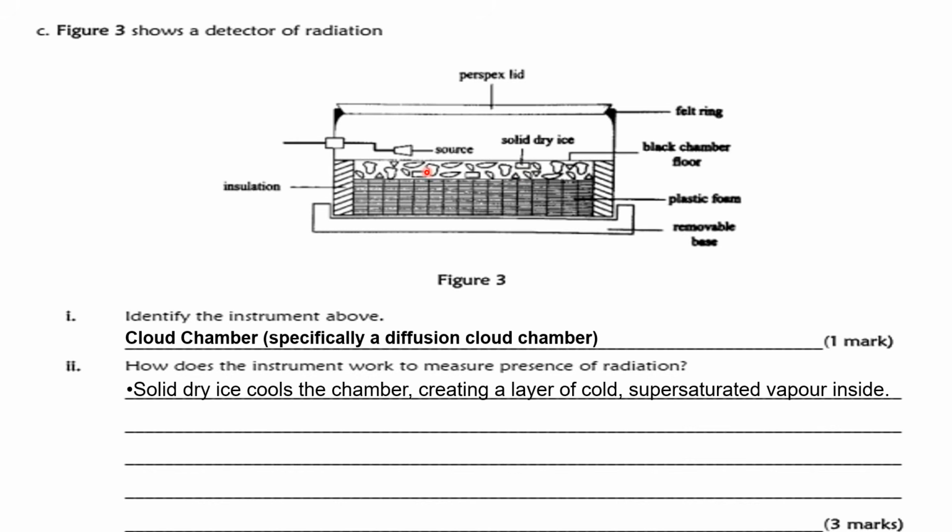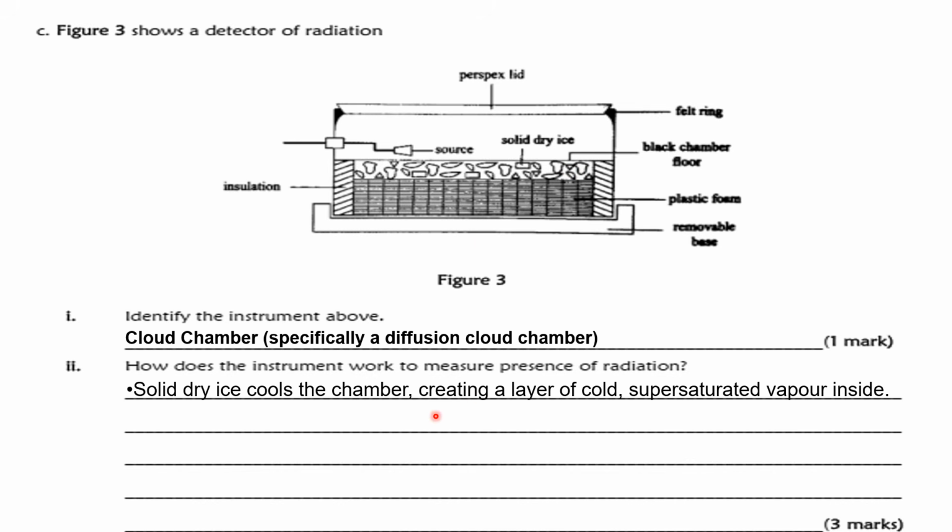Because you'll be wondering, how can ice be dry instead of being wet? It's not the water ice, no. It's basically frozen carbon dioxide. So solid dry ice cools the chamber.